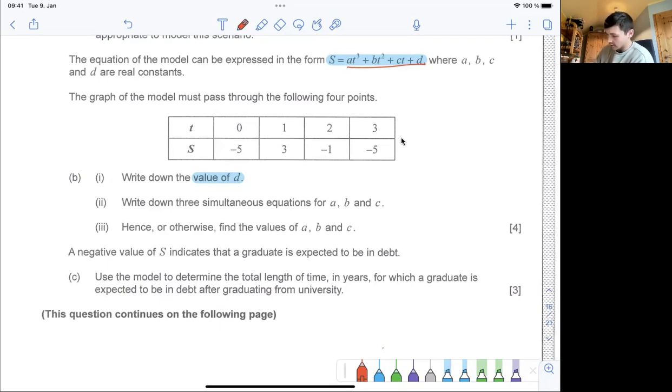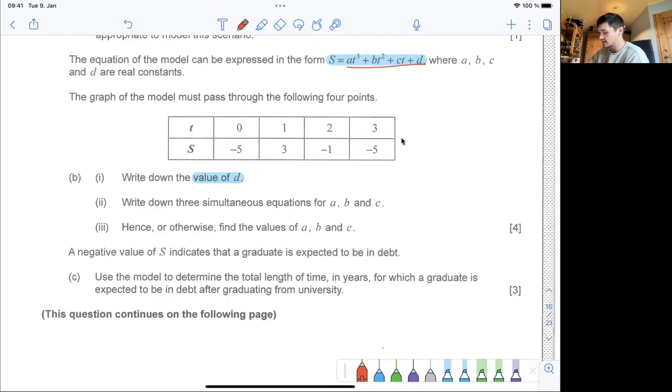And then subsequently, we're going to substitute 2 in for T in each part here, and then get a different coefficient for A, B, and C, and that's going to equal -1. And then we're going to substitute in T is equal to 3 into our model, and then we're going to get again a different coefficient for A, B, and C, and that is going to equal -5.